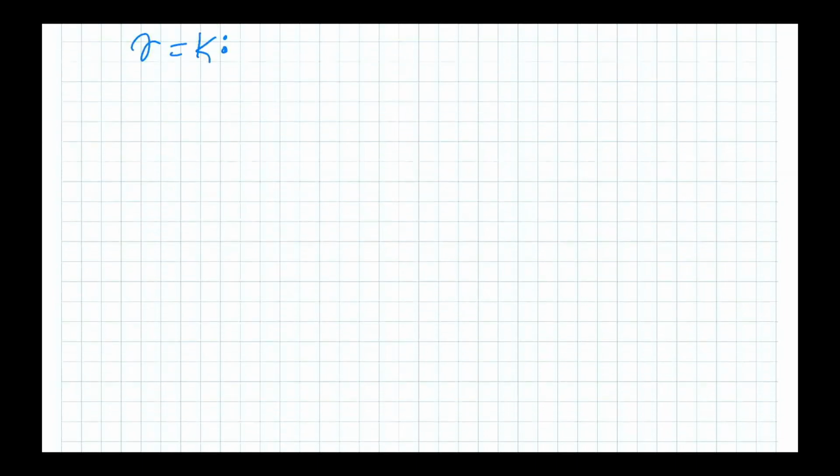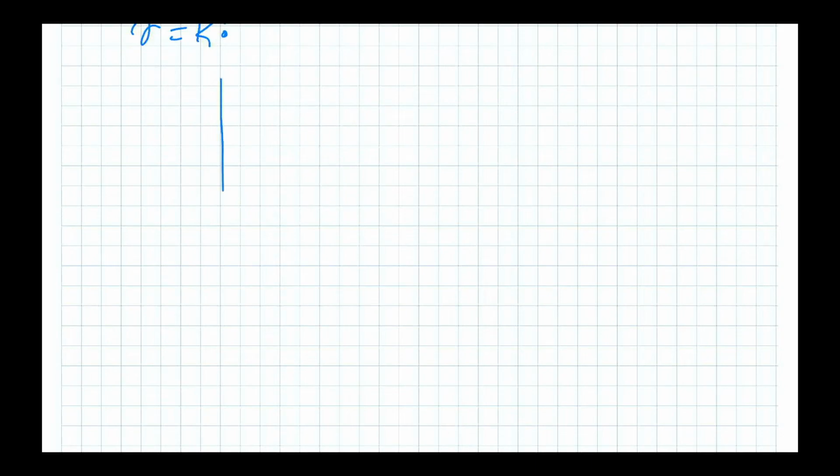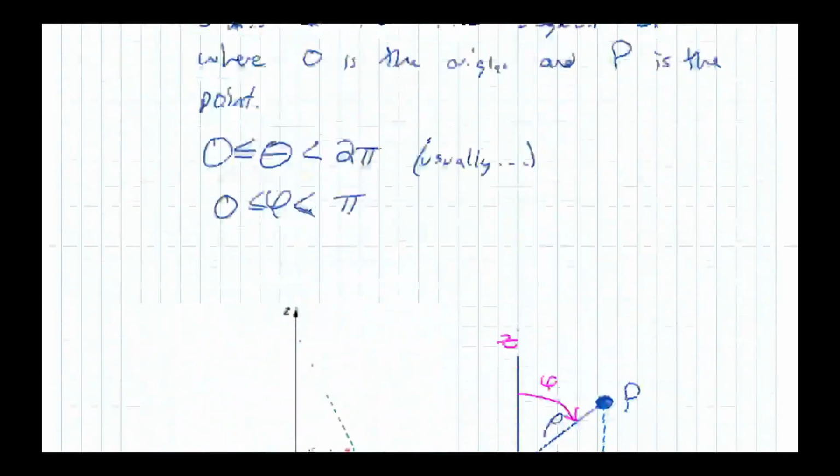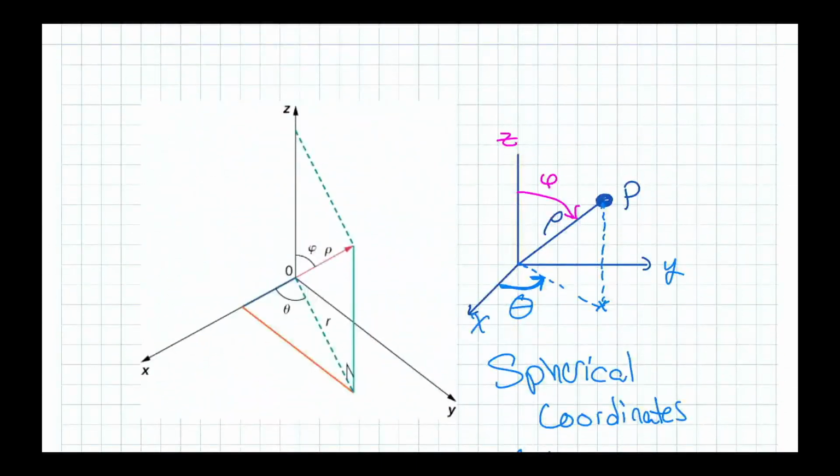Okay, so the last thing is, what is phi equals a constant going to be? In order to figure this out, you have to think about it a little bit. You have to think about where phi is, first of all. So look at the picture. Phi measures from the positive z-axis down to that ray.